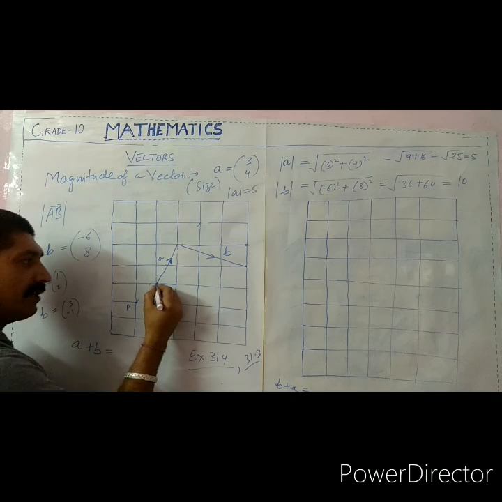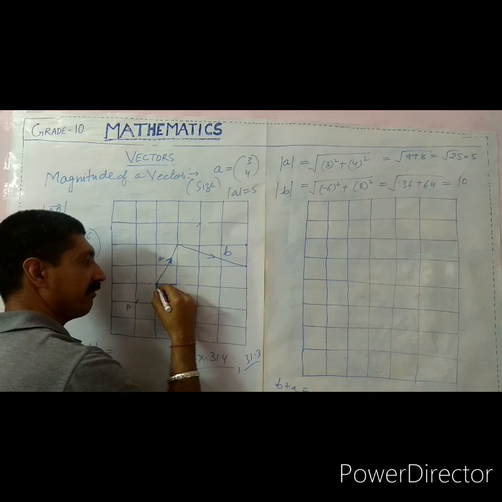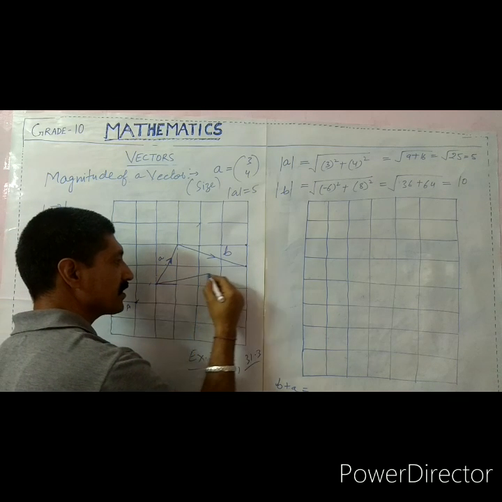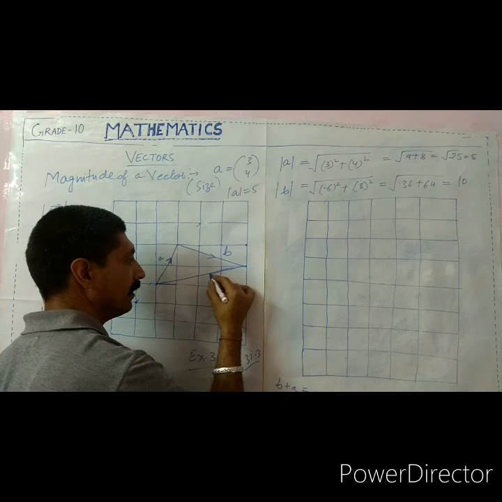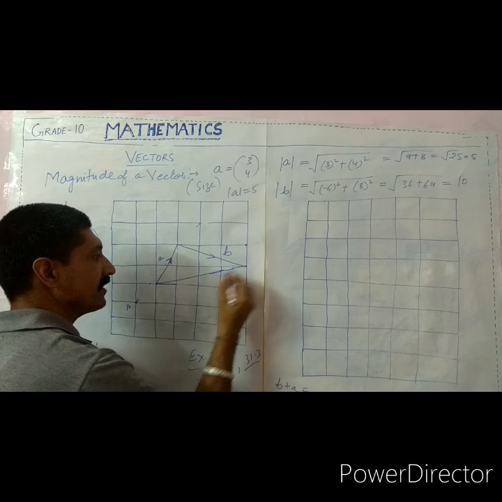So from the initial position to the final position, when we join these two ends, initial and final, we will get this vector.